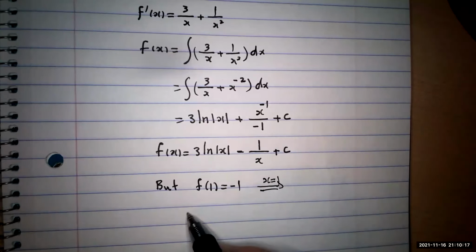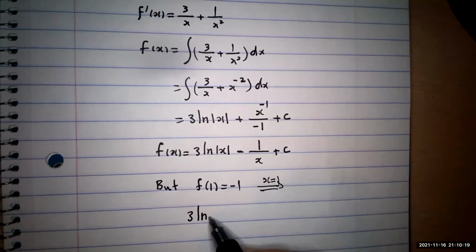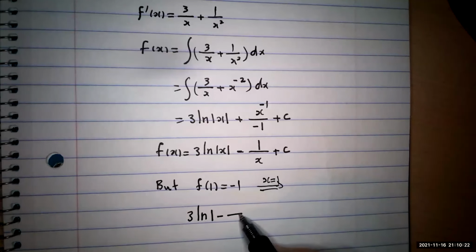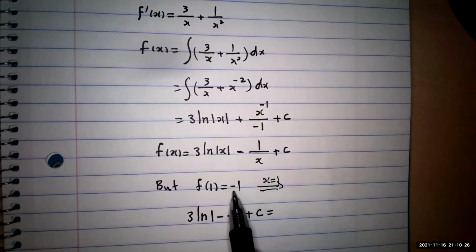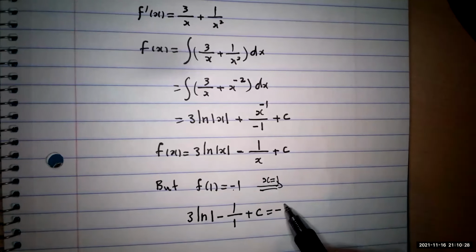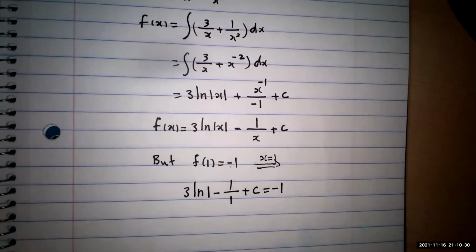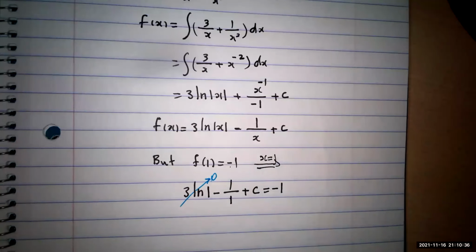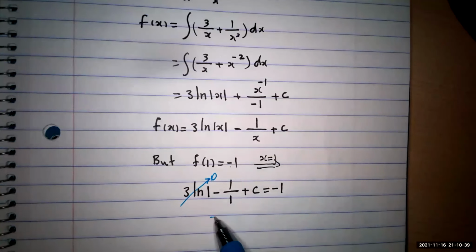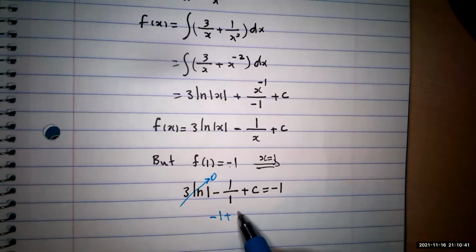So that gives you 3 ln of 1 minus 1 over 1 plus c, but this must be now equal to negative 1. ln 1 is 0. If you forget it, you can check it with your calculator. This would be 0. Okay, so that gives you only a negative 1 plus c.